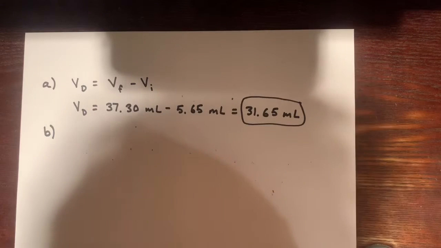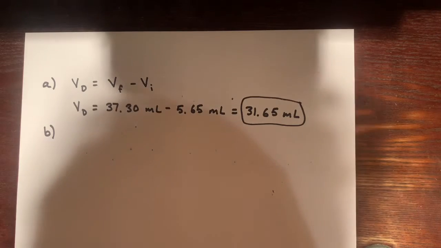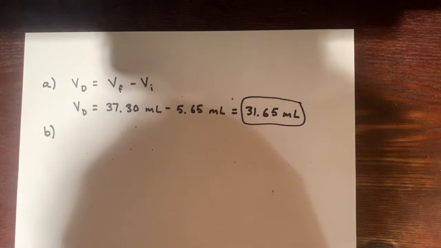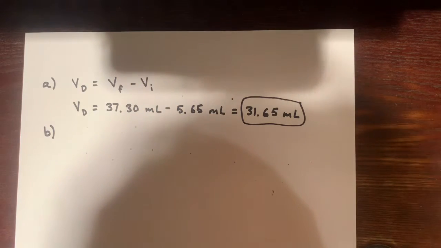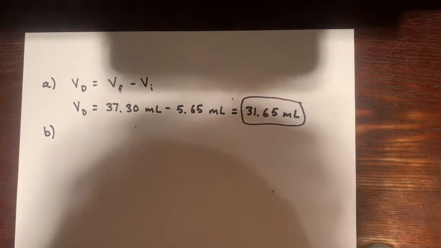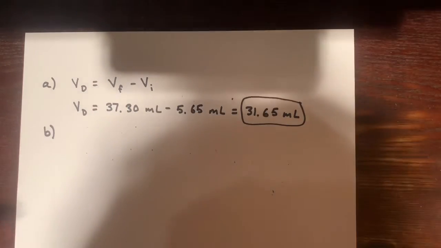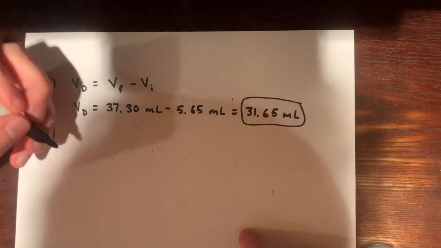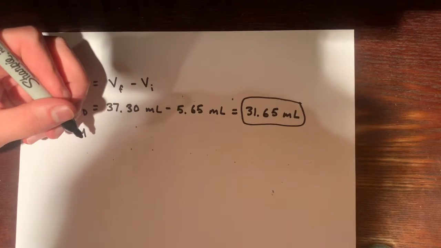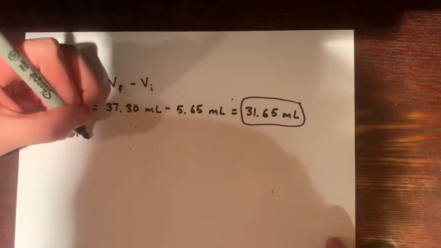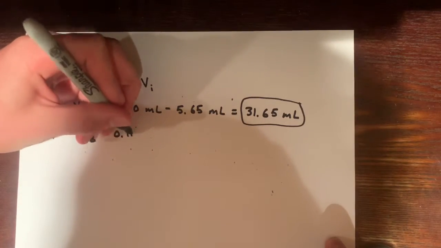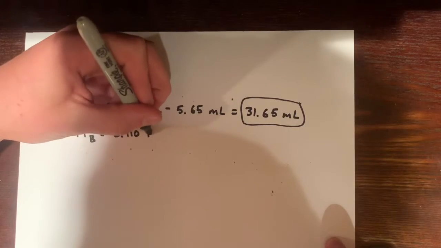For part B of the question, it's saying based on the given information and your answer to part A, determine the value of the concentration of the acid that should be recorded in the student's lab report. So I'm going to just write a list of what we have so far. We have the molarity of the base, which is 0.110 molar.